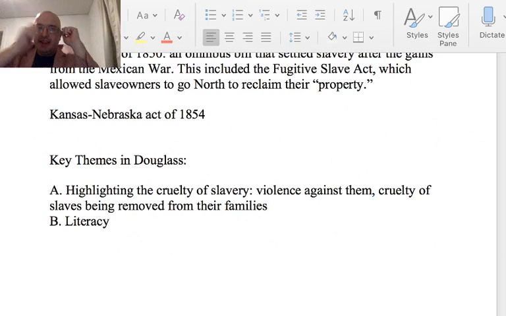Now, needless to say, there were some who could read. Lots of times, if you had a really big plantation, you had a slave who would maybe do the plantation's books, for instance. But for the most part, reading and slavery did not go hand in hand. Douglass even talks about the ways he did learn to read.